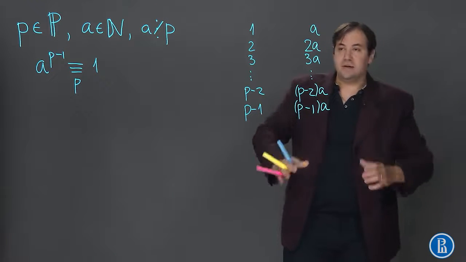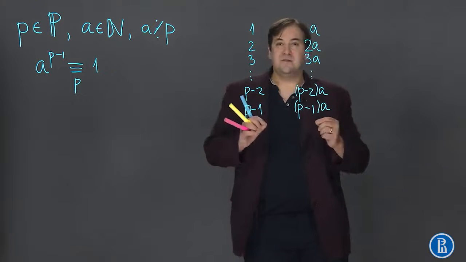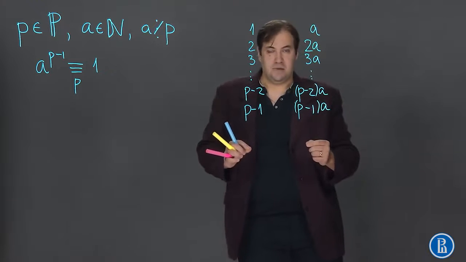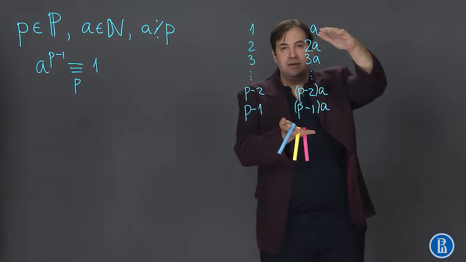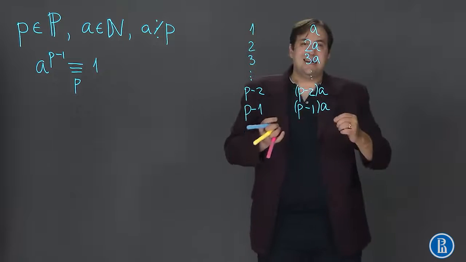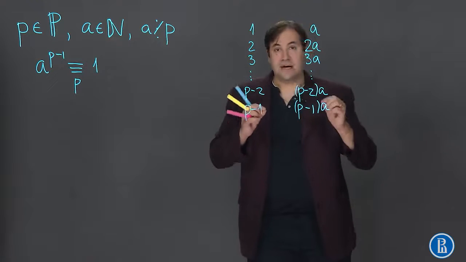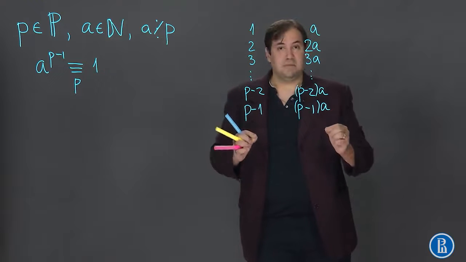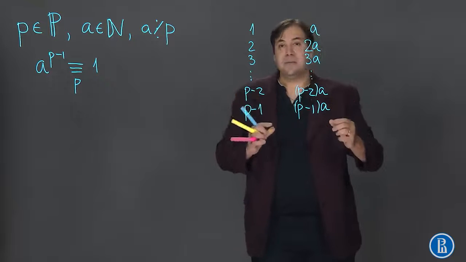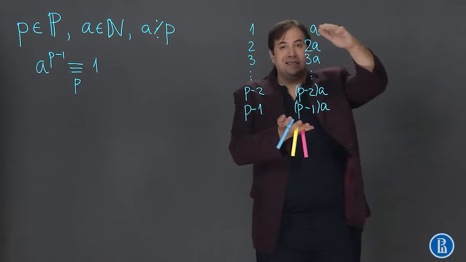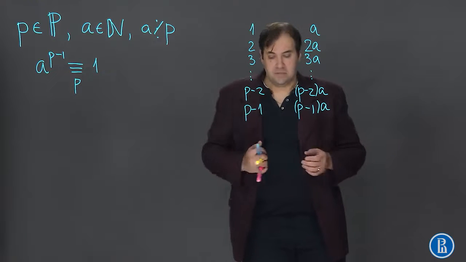In order to prove that, we need to make sure that all these numbers give different remainders when divided by p, because we understand that the amount of these numbers is exactly p minus 1, just the same as here. And if we prove that all of them give pairwise different remainders when divided by p, then from this it will follow that the set of remainders of this column is exactly the same as the set of remainders of this column modulo p.